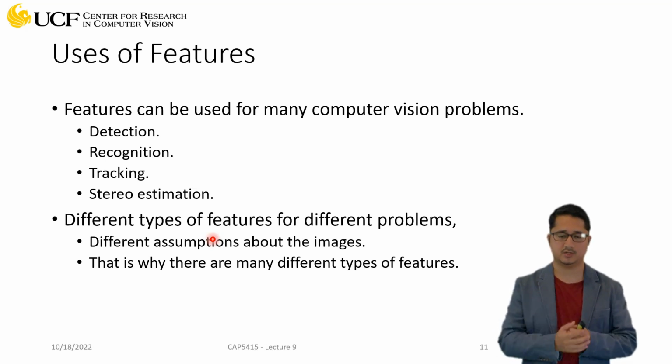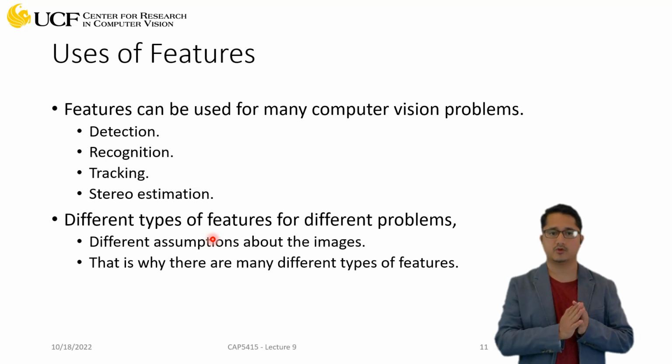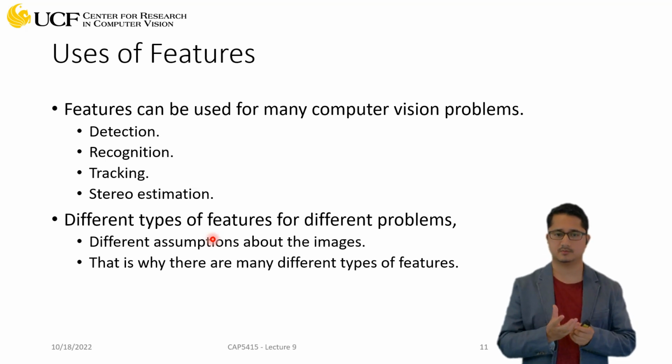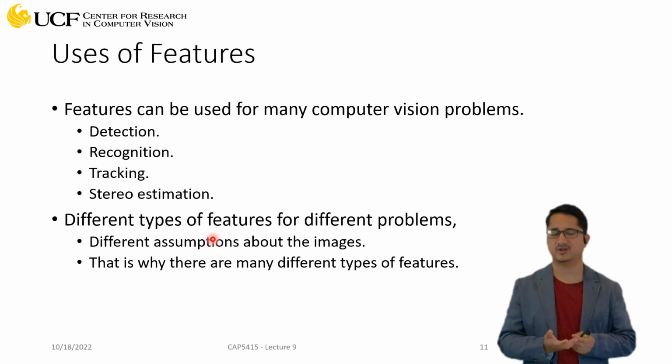For example, if you have images of apples and you want to build an automatic system which figures out whether you have a green apple or a red apple, then you really don't need a lot of detailed features about that image. Just the color information will be sufficient.